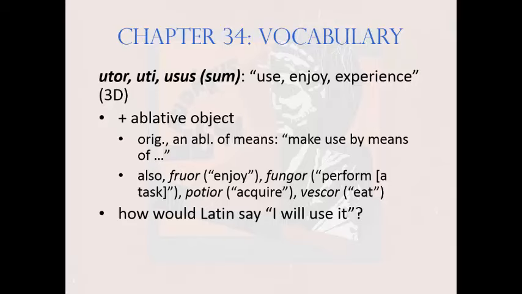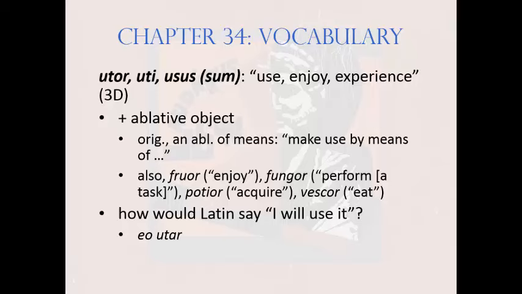What conjugation? Third again. Future, E, right? No, wait. This is first person. It's not E in the first person. It's AM. No, wait. Utor's deponent. No active endings. What's the passive counterpart of AM? AR. So, I will use it. What case will it be? Ablative. Let's use is, ea, id. So the Latin is eo utar.